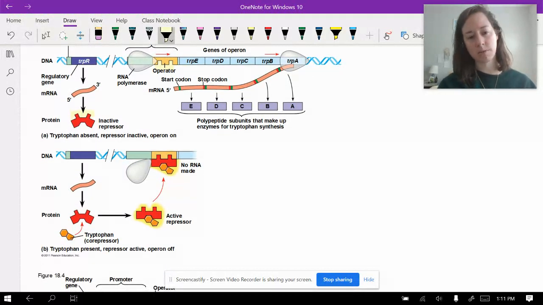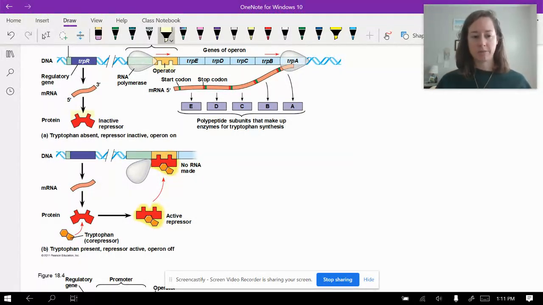And that causes the repressor to change shapes and become active. Because it changes shapes, it can now fit into the operator on the operon, which means that RNA polymerase can't zoom through that and continue to do transcription. It gets stuck and no transcription occurs.